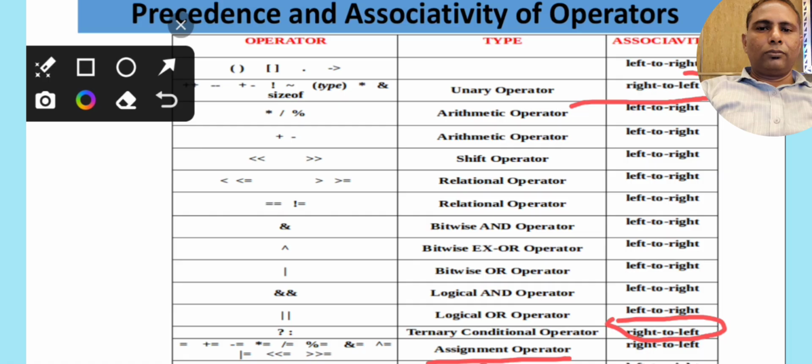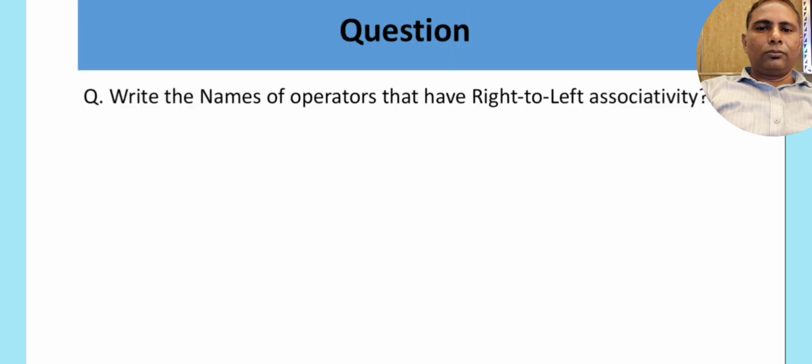So assignment operators also have associativity right to left, and all other operators have associativity left to right. So these are the 3 operators we can remember with the word UTA. U-turn always, we have to take a U-turn. Unary, ternary, and assignment operators have right to left associativity; the others have associativity left to right.